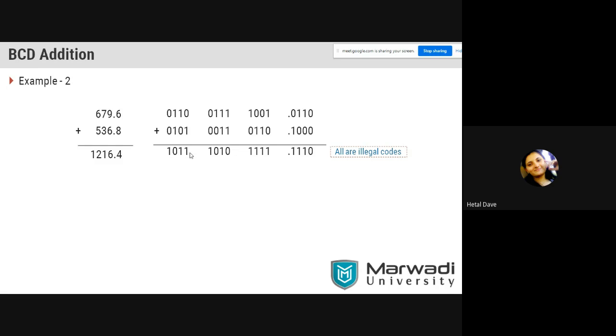But here all 4 groups of bits are illegal. So we will add 0110. Do the addition. Everyone will do the addition from here. Write the last two lines, give the answer and verify your result with 1216.4.